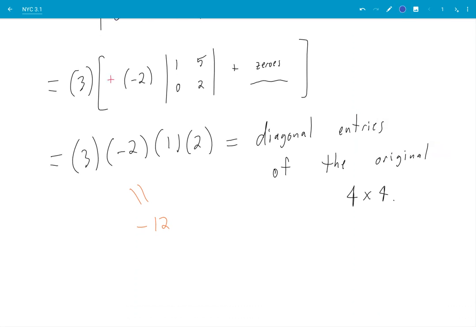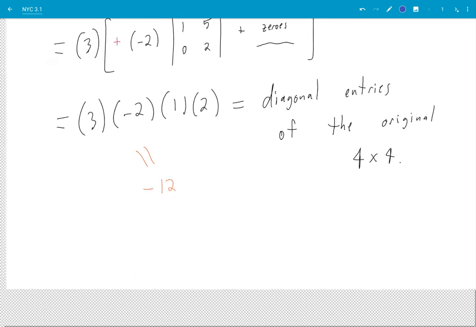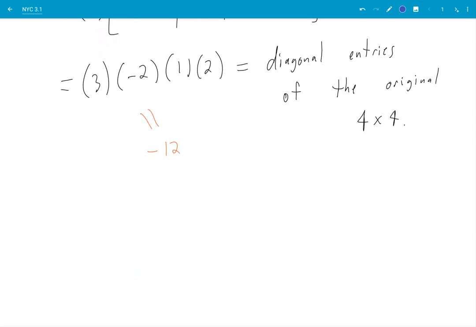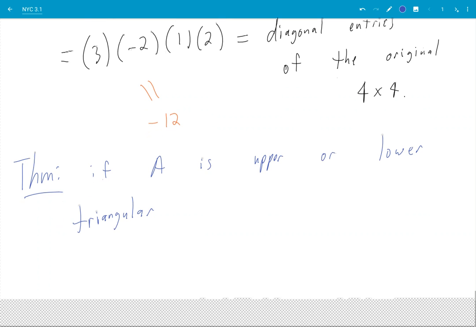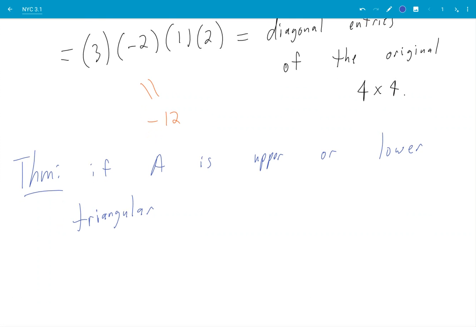The theorem says that if you have a triangular matrix, if A is upper or lower triangular, then the determinant of A is the product of the diagonal elements.